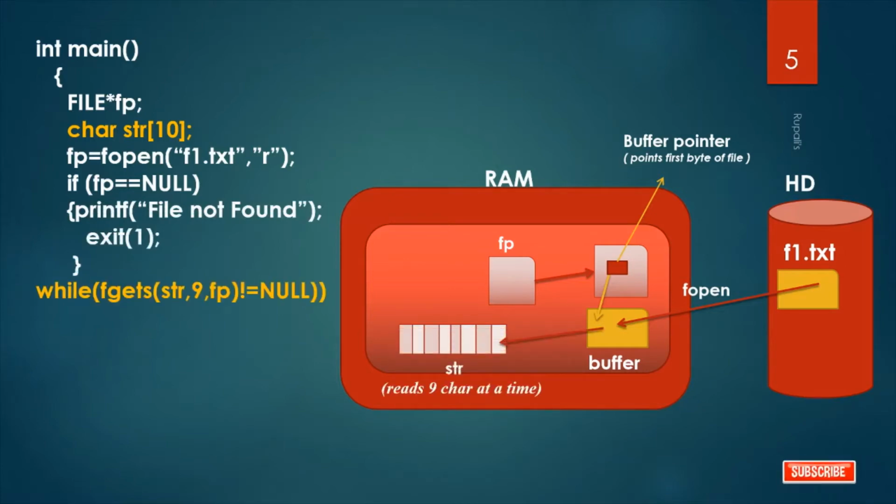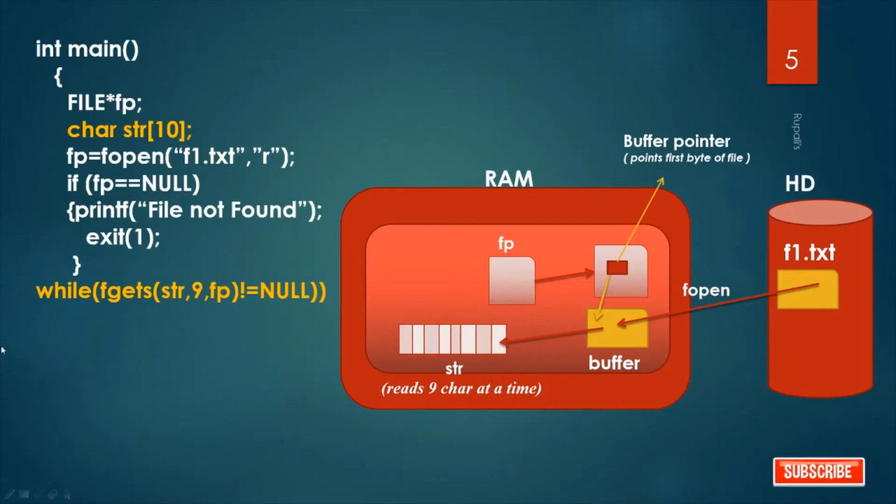Otherwise, we have to read the file by the function fgets. So you have to start one while loop: while fgets(str, 9, fp) not equals to NULL. That means fgets reads a string. The size is 9, so it reads 9 characters at a time from the file pointed to by fp.